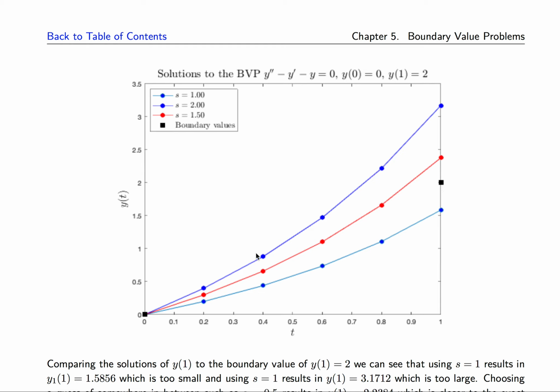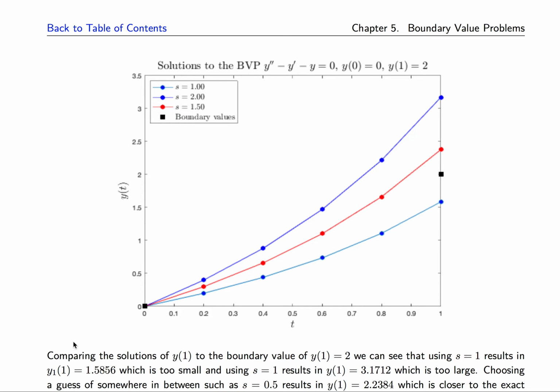The dark blue one was our guess when S was 2, and the red one is when S was 1.5. So you see we undershot it first, then we overshot it, and then we overshot it again. So we keep aiming at the target until we get our upper bound bang on where we need it.